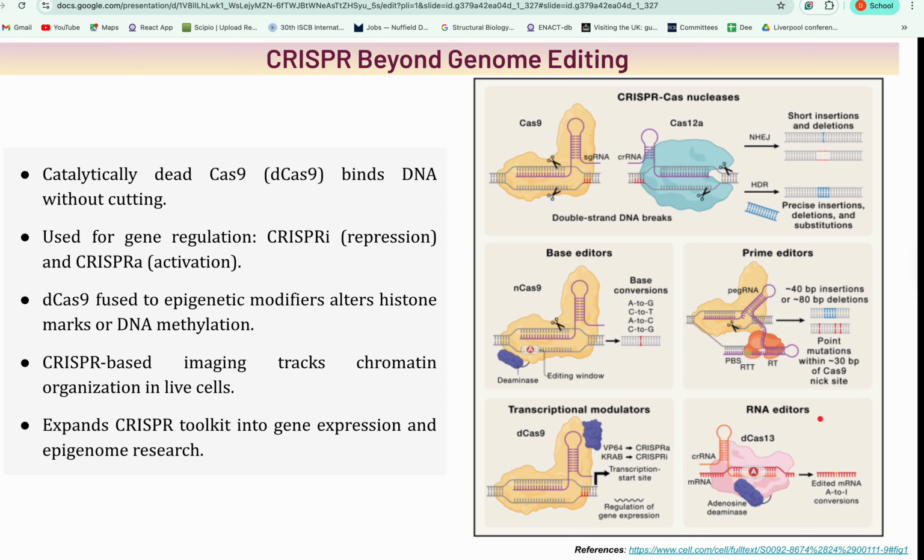Then it can also act as RNA editors, in which we can attach adenosine deaminase to it, and it will edit the mRNA. It can convert adenine to inosine. So in this way, I am editing the bases at the level of RNA.